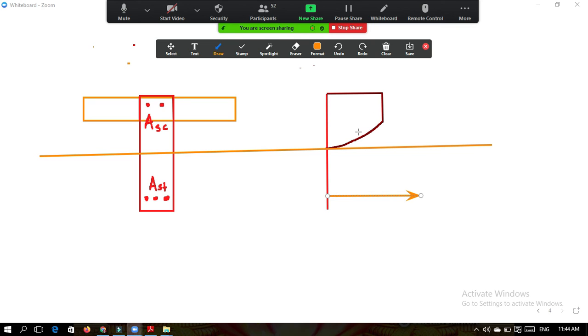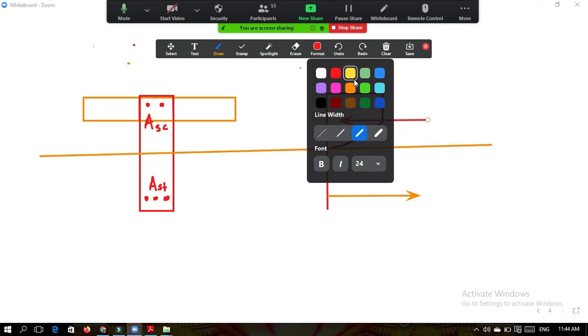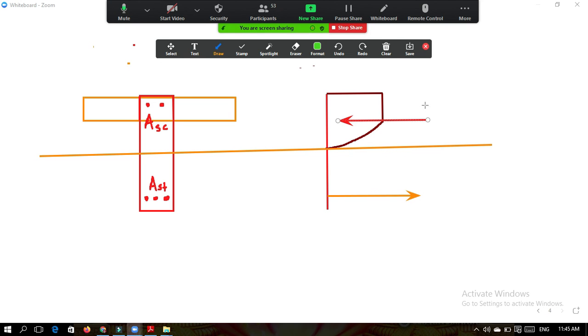When the neutral axis lies in the web, two forces will be there. First is CUW, so your CUW force will act somewhere here. Then at the center of the flange, one more force is acting, that is your CUF.